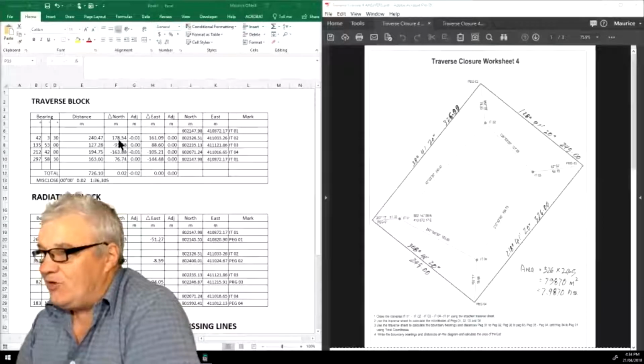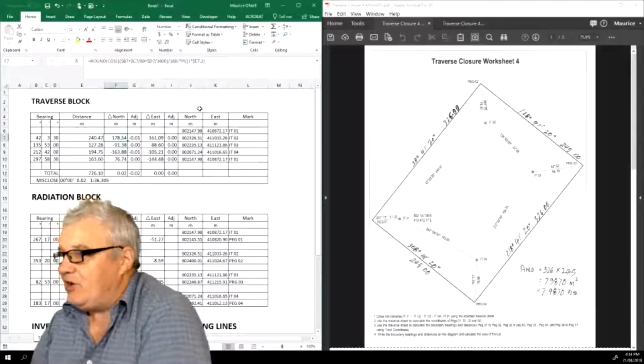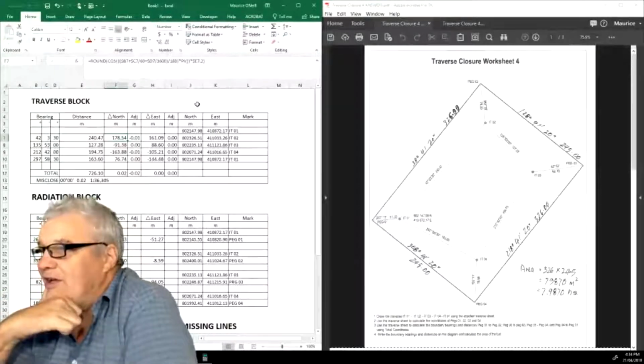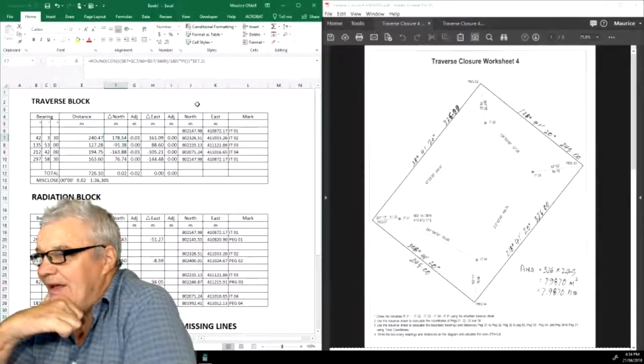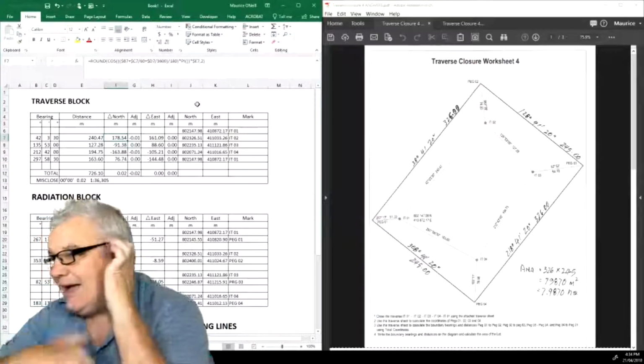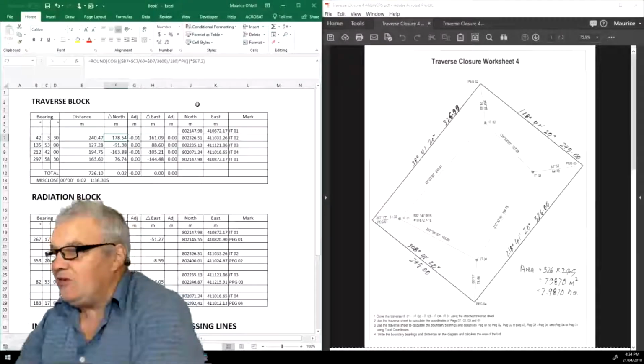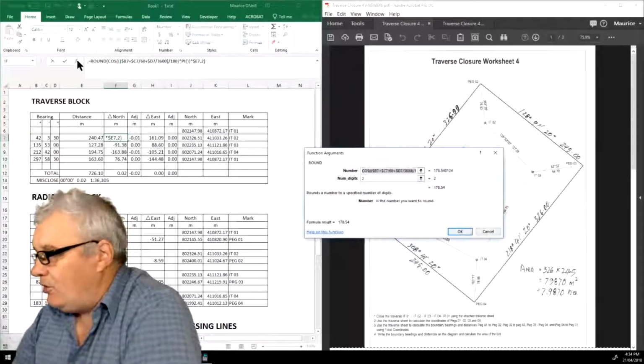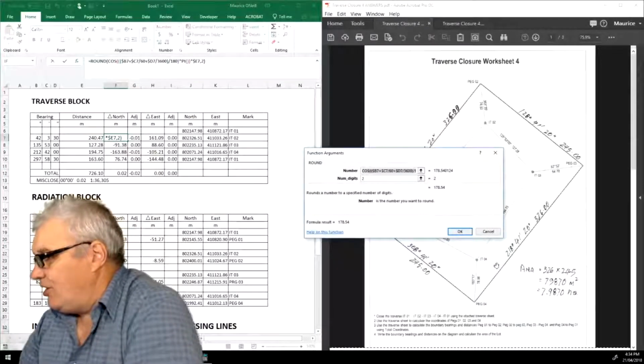Now I've done them using a spreadsheet here, and I'm just going to click on that spreadsheet, and you can see the formula. To get the northing, you take the cosine of the bearing and then multiply that by the distance. So I just click on here, I think it'll show, well, perhaps not.